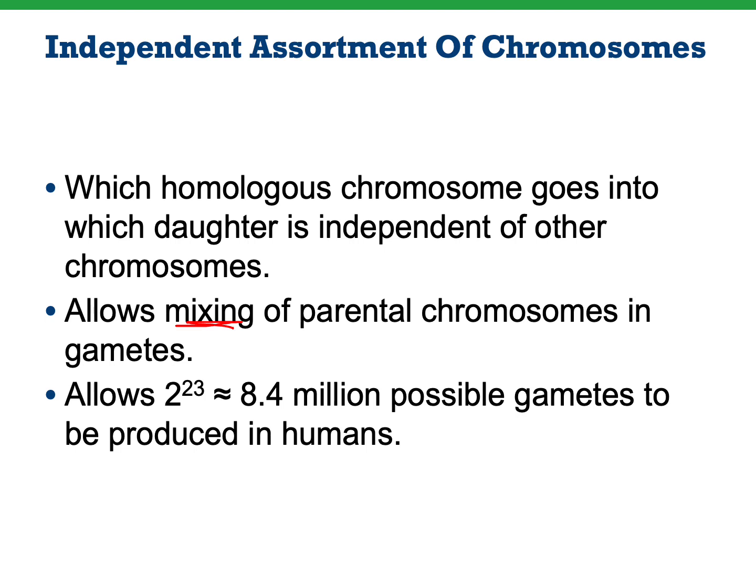And also remember that you have crossing over between the sister chromatids. This allows for many possible combinations of the gametes, 2 to the 23rd power, which results in about 8.4 million possible gametes to be produced in humans. Therefore, you and your sibling could never be identical unless you are maternal twins.